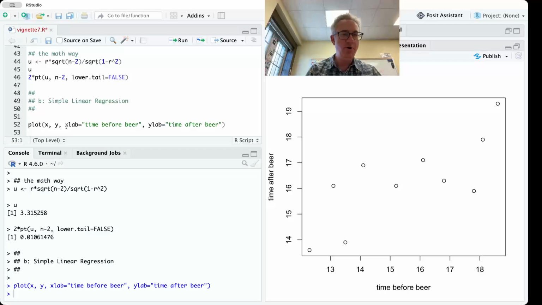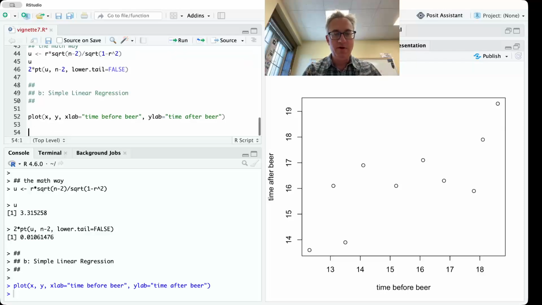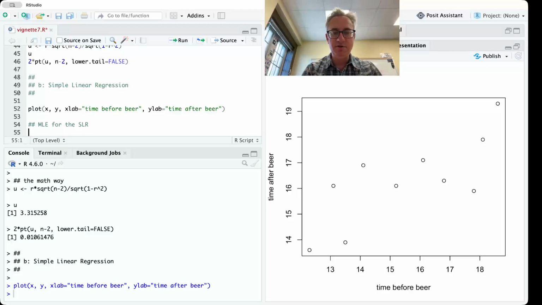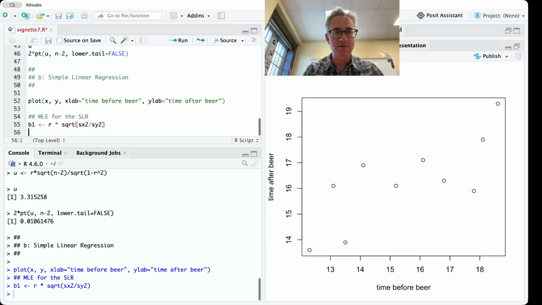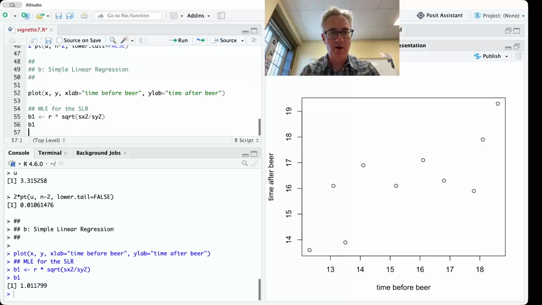And then I'm going to go through the MLE for the simple linear regression model. So the slope is correlation, I've already called that R before, times the square root of Sx2 divided by Sy2. So correlation times rise over run.